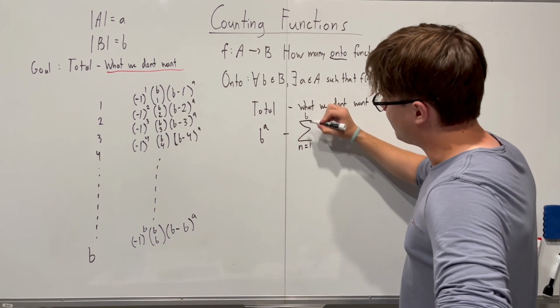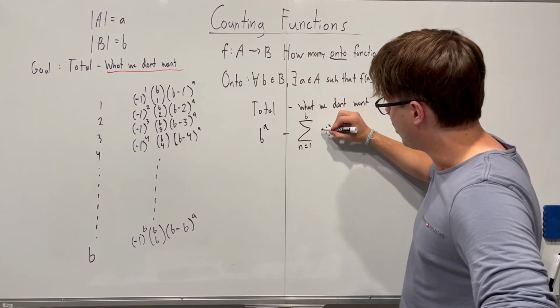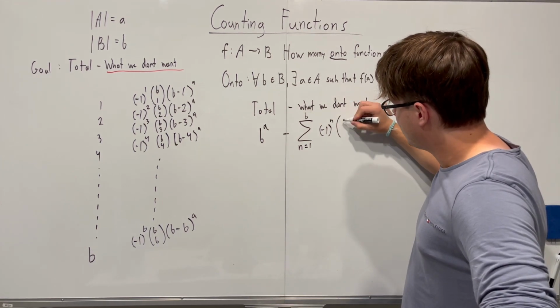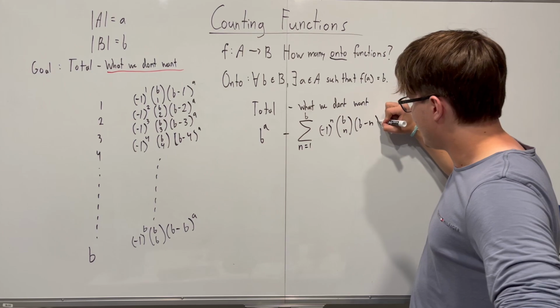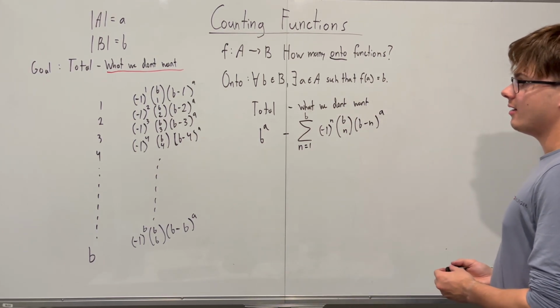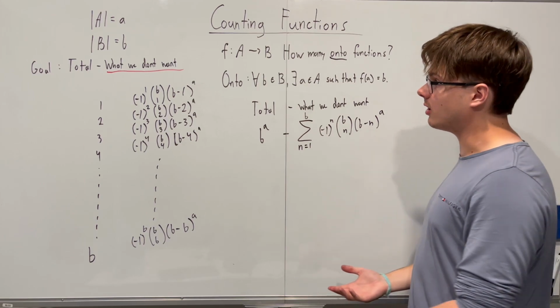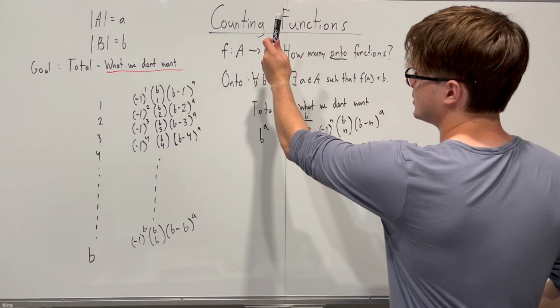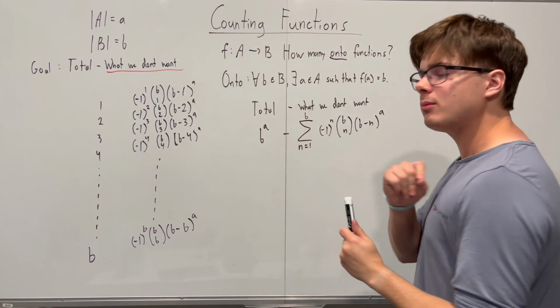We're going to go all the way up until b, as I just explained, and we're just going to plug our formula in, right? It's going to be negative 1 to the power of n times b choose n times b minus n to the power of a. This is really the formula to count how many onto functions there are between a set a and b, from a to b.